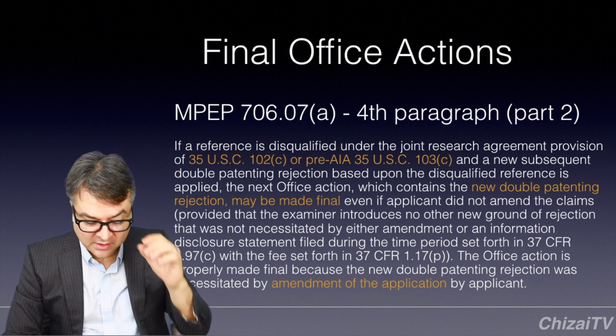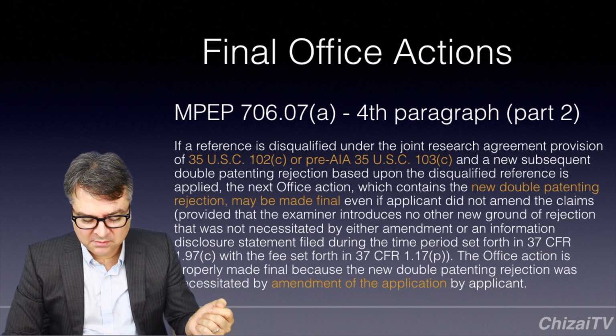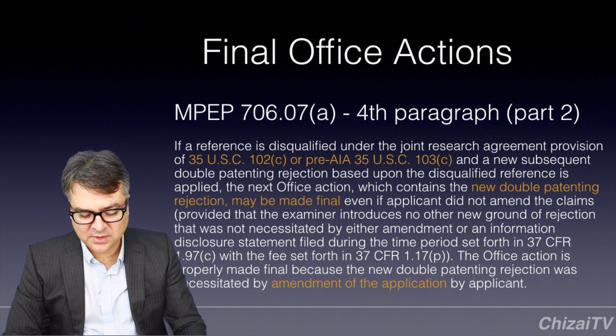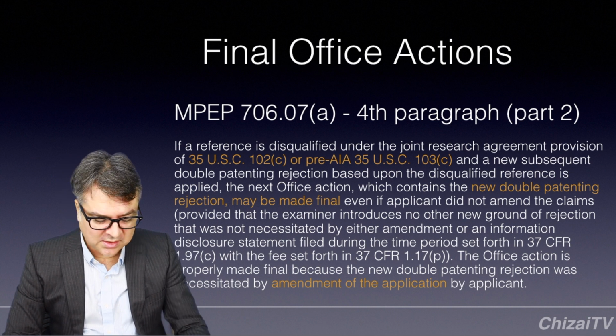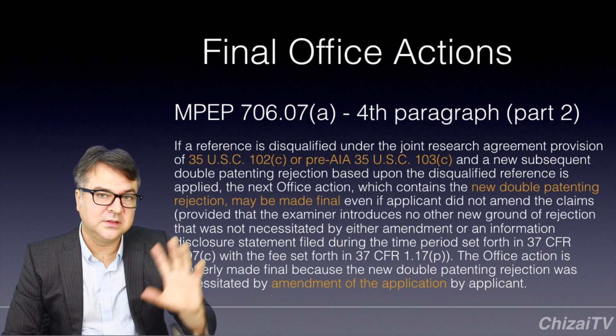It can be final even if the claims are not amended, provided that the examiner introduces no other ground of rejection that was not necessitated by either amendment or information disclosure statement. That's relating to paragraph 1.